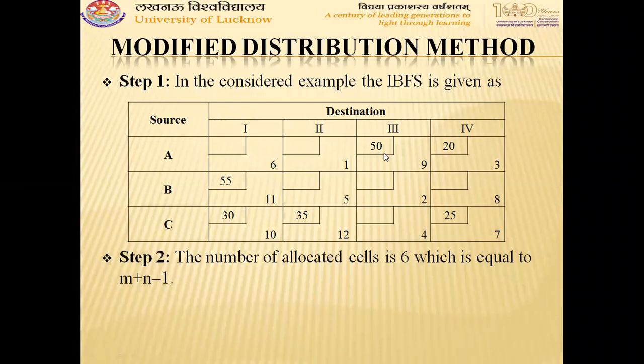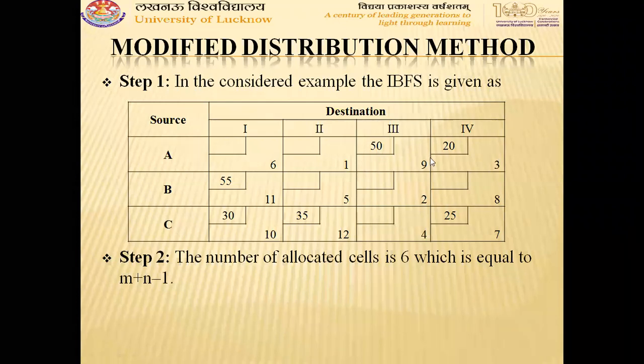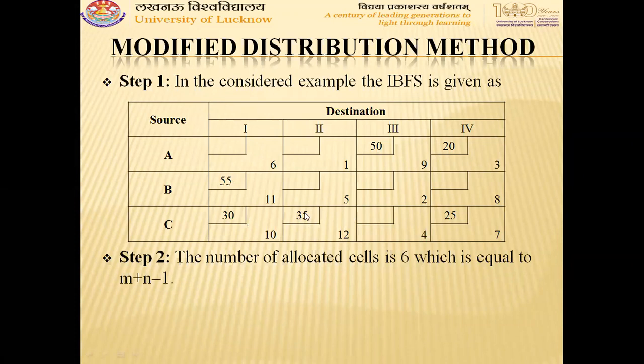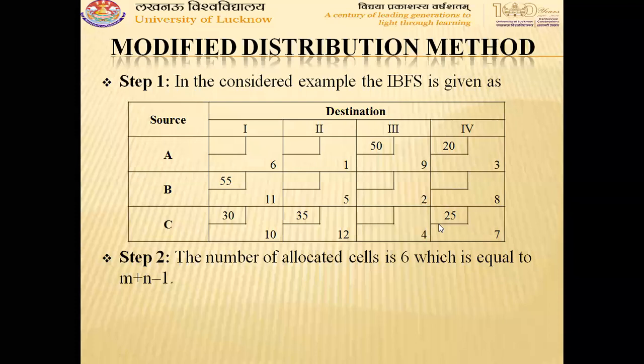In the example, we have taken x13 as 50, x14 as 20, x21 as 55, x31 as 30, x32 as 35, and x34 as 25. So the first step, that initial basic feasible solution, is obtained. In the second step, we check whether there are m plus n minus 1 allocations or not.